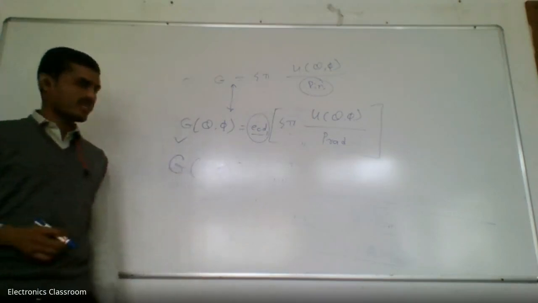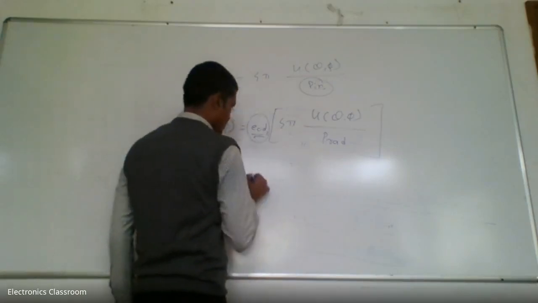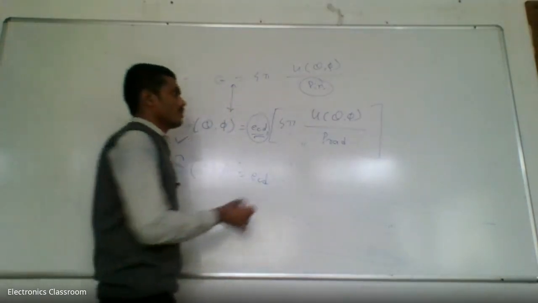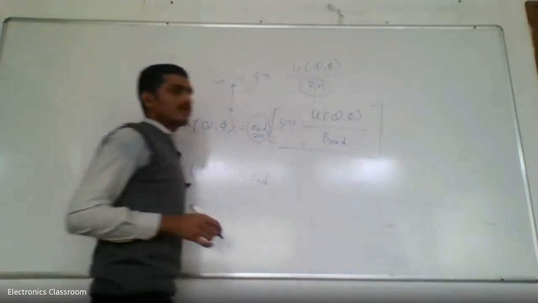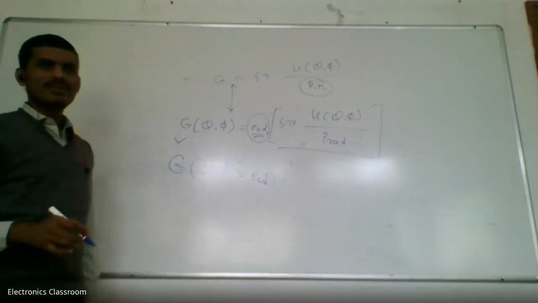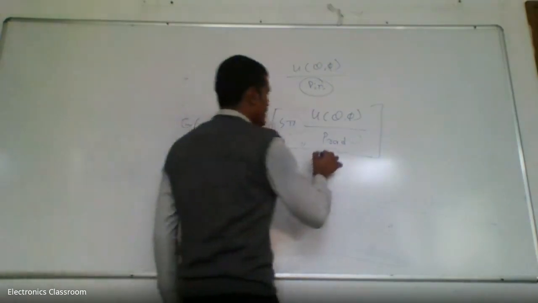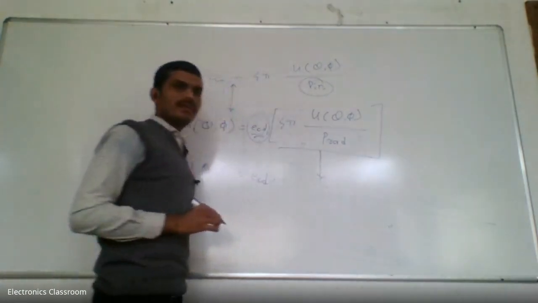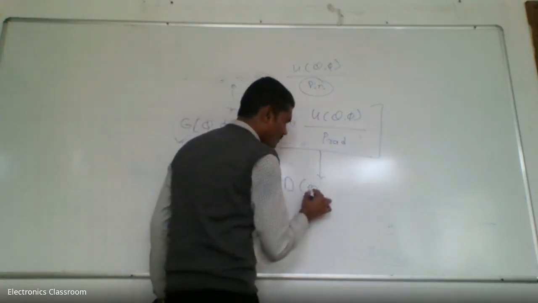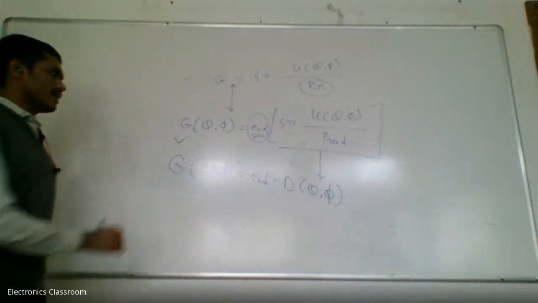This equation can be written as G of theta comma phi is equal to ECD into 4 pi U of theta comma phi divided by P radian, and this is the directivity of the antenna in a particular direction.